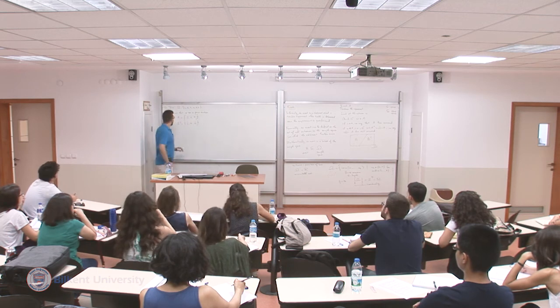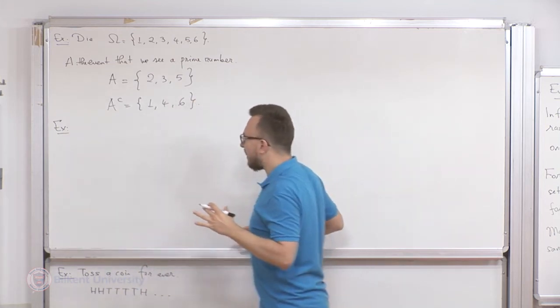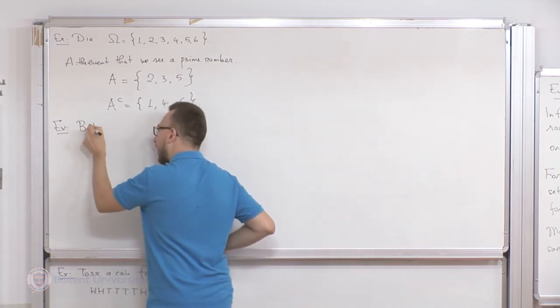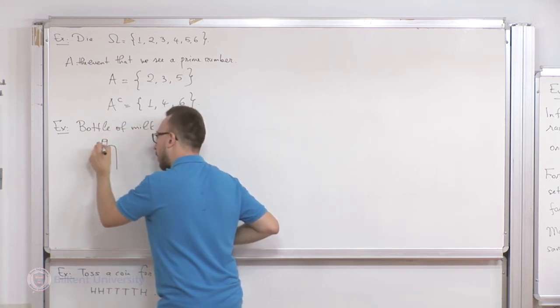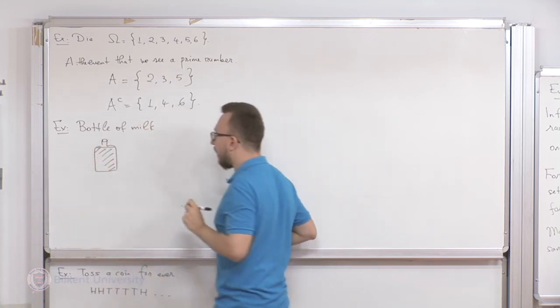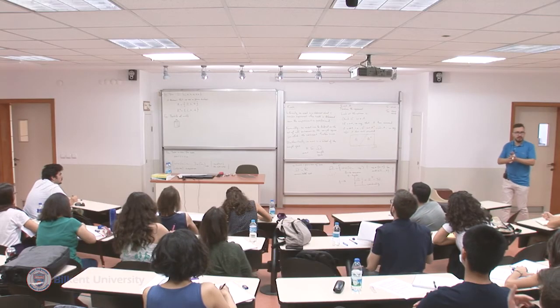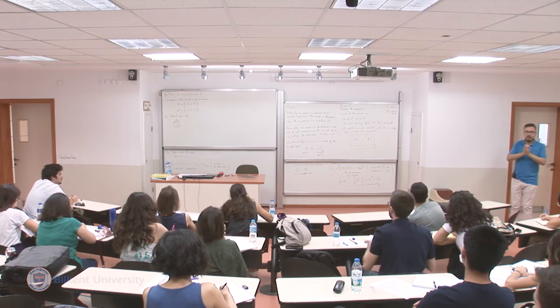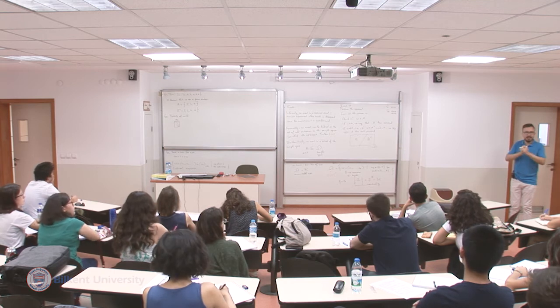Okay, so maybe another simple example, a more continuous one. Let's say you have some bottle of milk, filled with milk, right? This is in your fridge. You leave your apartment to attend the lecture, but your housemate or roommate is still there to drink some of it.